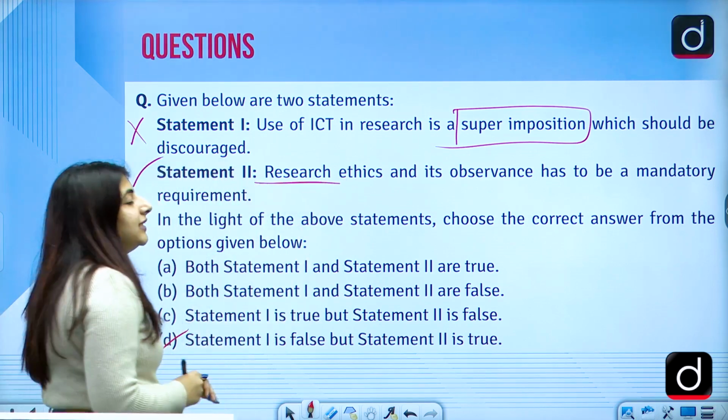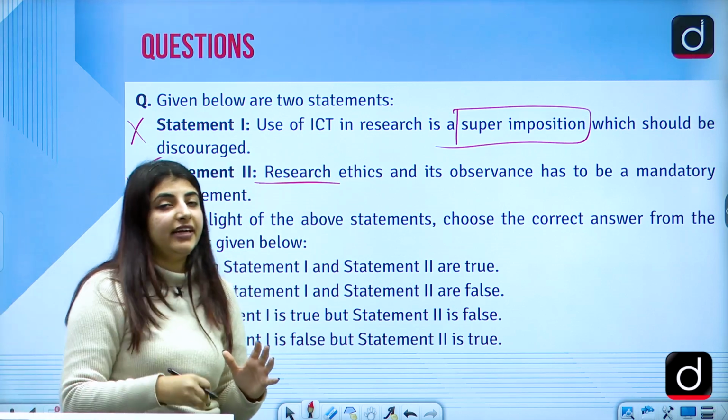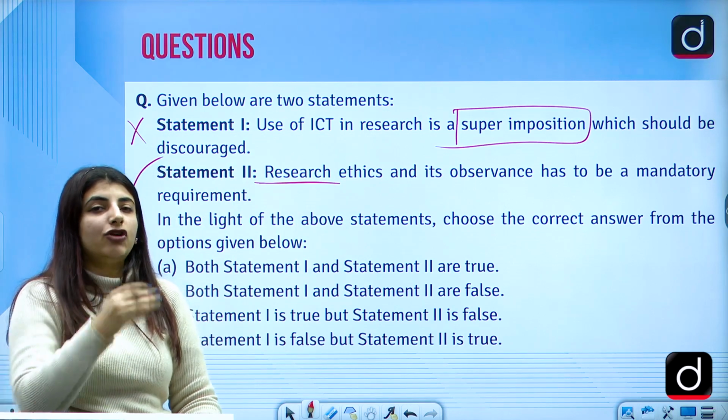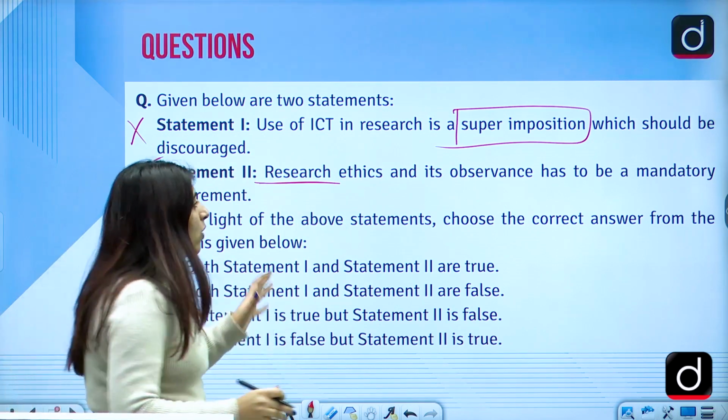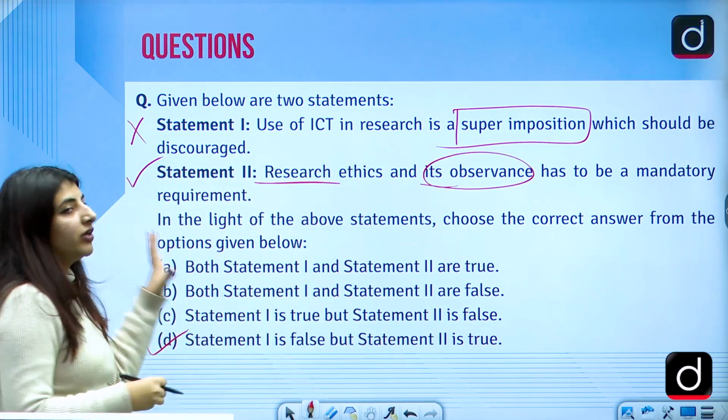Statement 2 says research ethics and its observance, the ethics and morals which we need in research, the confidentiality, the honesty, the integrity, all the ethics which are there and their observation, has to be a mandatory requirement.